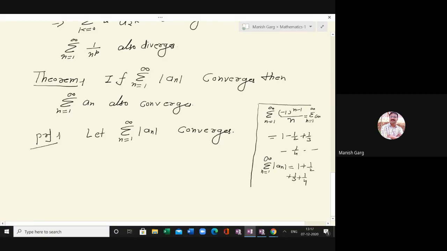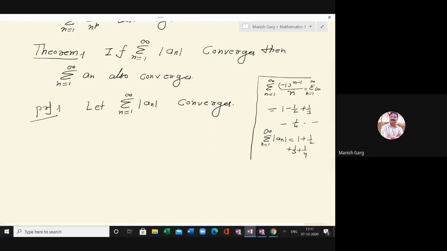I am not considering at which point this converges in an infinite series. We are discussing only convergence or divergence, not at which point it converges. So the main point is convergence.